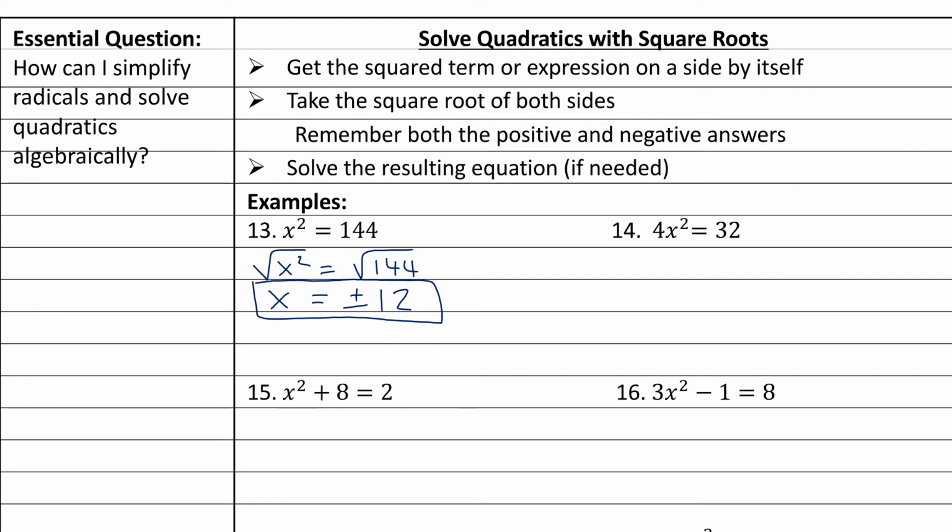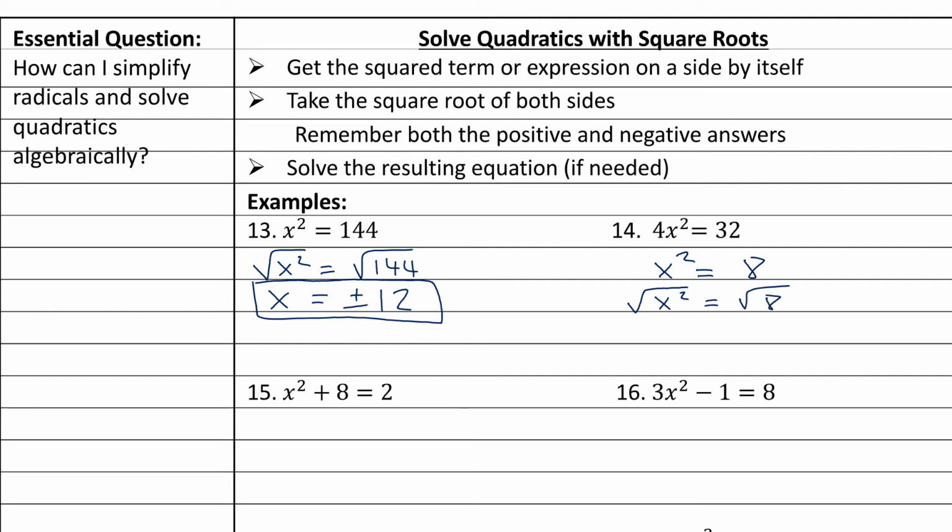Okay, for this next one, I need to get the square term by itself. So the 4 is not being squared, so I need to divide by 4 first. So I'm going to get x squared equals 8, okay? Now I'm going to square root both sides.